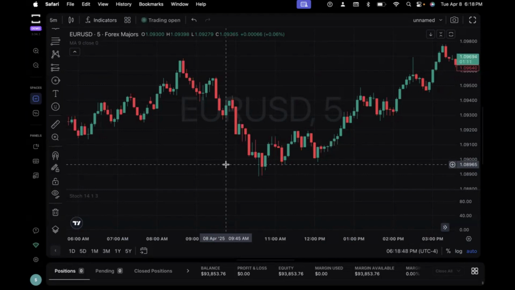Because the technical side of trading can be really simple if you don't overcomplicate it with indicators and too much information. It really just comes down to being patient and waiting for your setup. In this case, has there been a break of structure above or below a previous area of support or resistance? Has there been a retest of that key level in the direction that you're looking for the market to go?